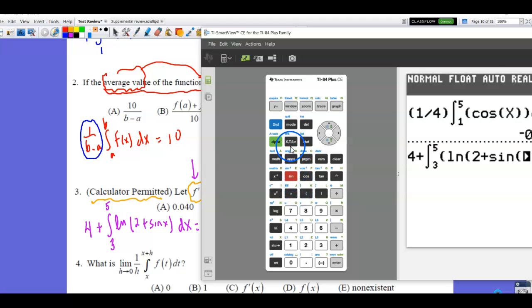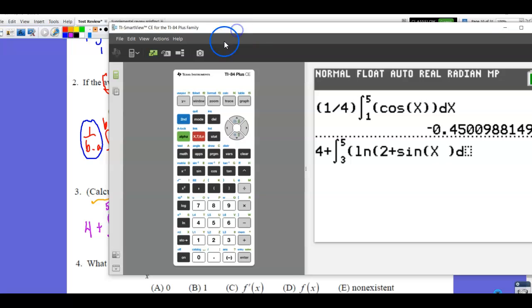And remember, I did make sure that my calculator was back in radian mode. Let's see, I need a parenthesis around that. Parentheses can be one of the most difficult things to make sure that you have a closed parenthesis for every open parenthesis. So don't be in a rush on your calculator.